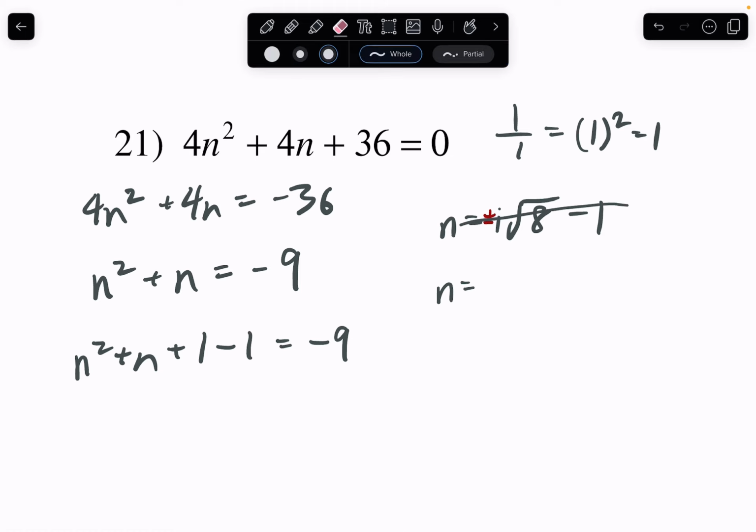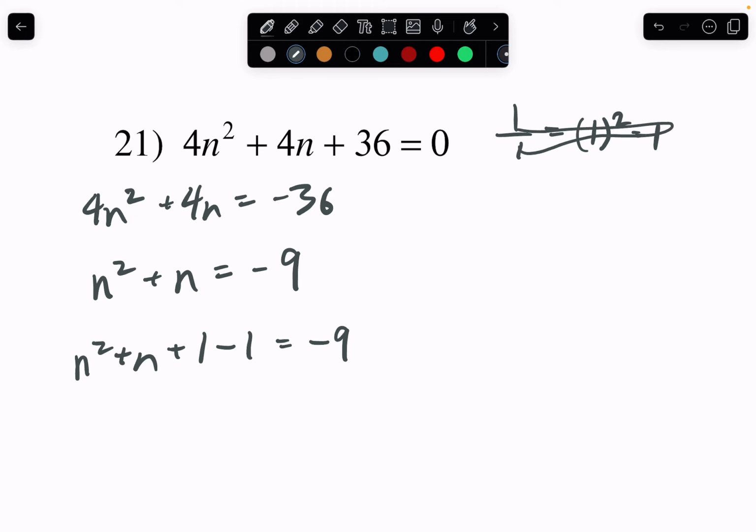We weren't supposed to proceed. Actually, the plus 1 minus 1 didn't work. It wasn't gonna work, so what do we do instead? Plus 1. How about just plus 1? Let's see what happens.